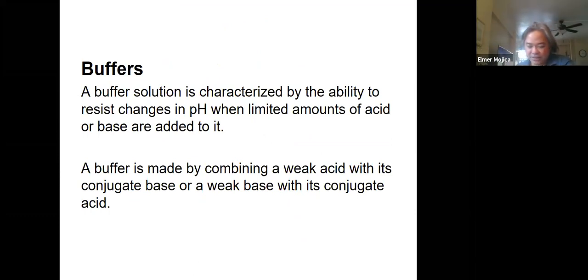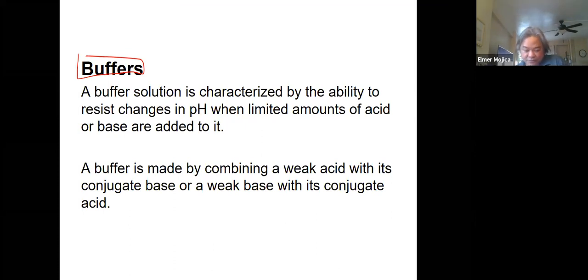The best example of the common ion effect is what we call the buffer. When you have a buffer system, it's a solution that's characterized by the ability to resist changes in pH when limited amounts of acids or bases are added.